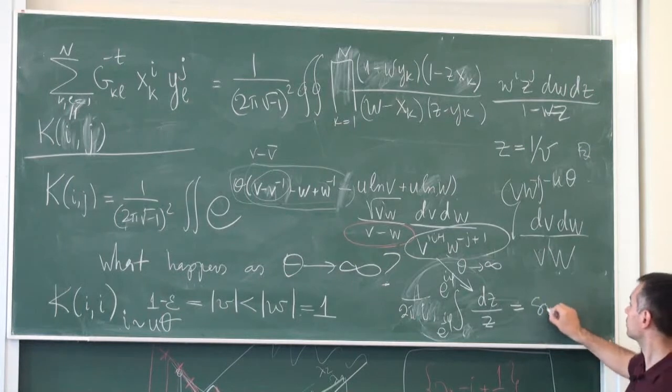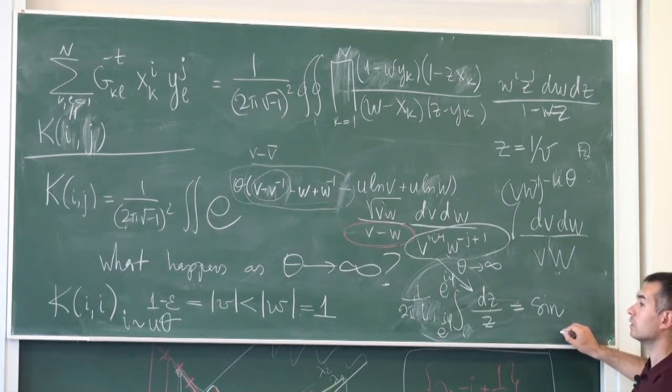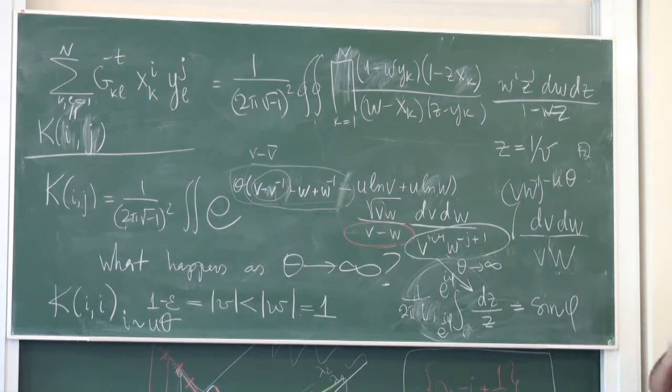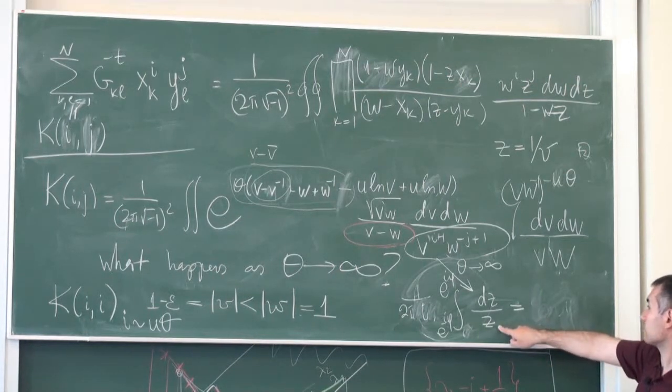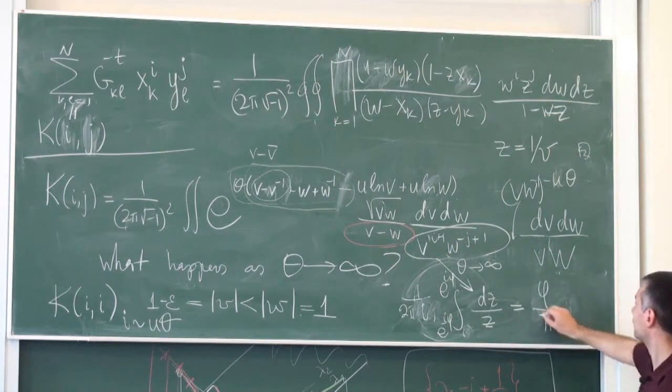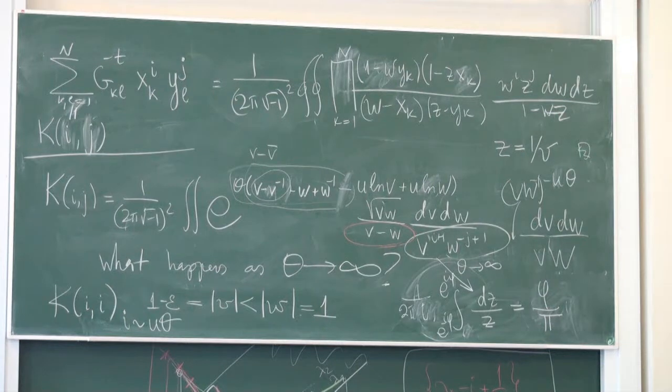So this is just going to be the sine of phi. Am I right? No, that's not true. So this is the log, right? Yeah, this is going to be phi over pi. You can check.